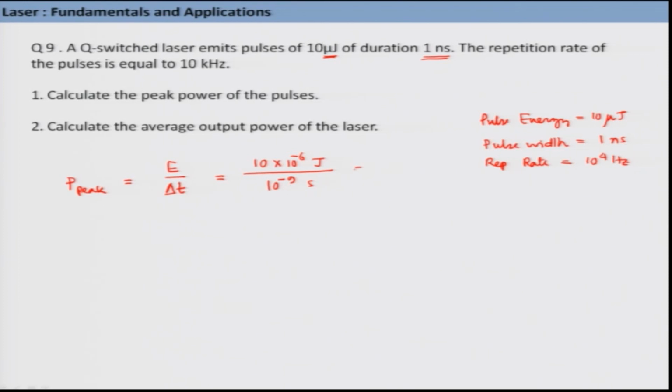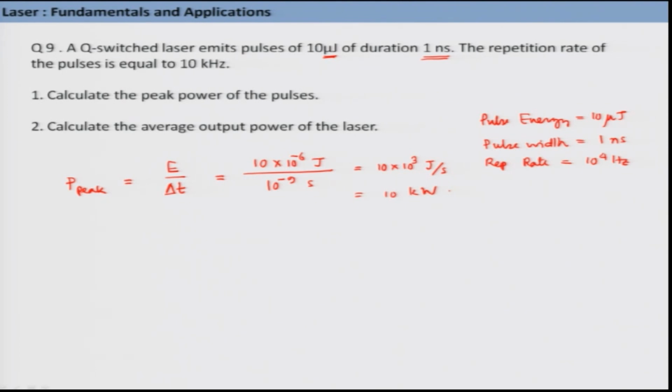So, you can easily calculate the peak power, and if you do that you will see it is 10 into 10 to the power 3 joule, sorry, per second. So, this is essentially 10 kilowatt.